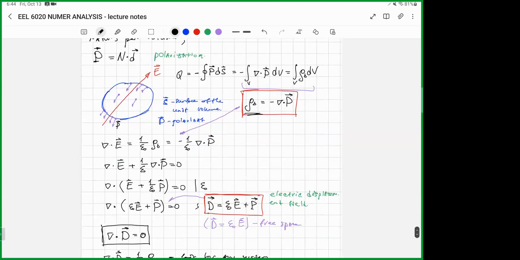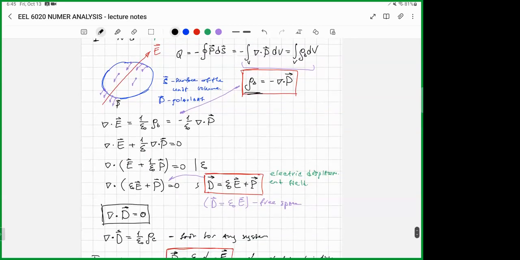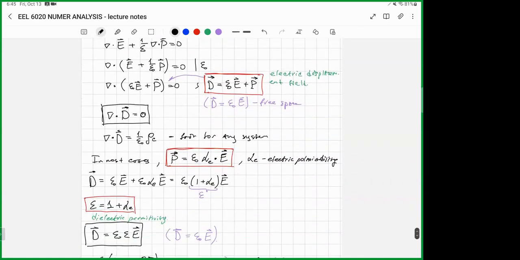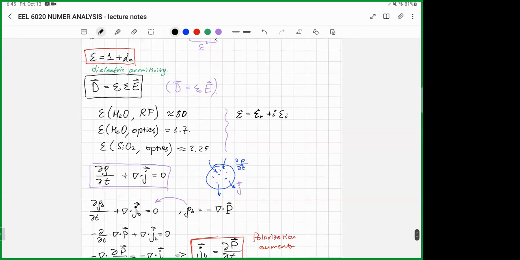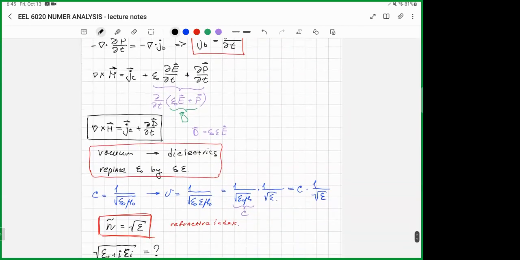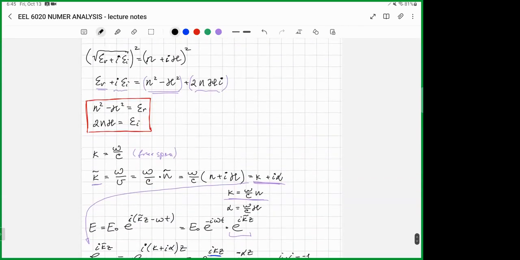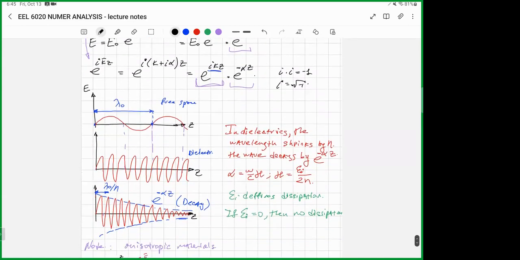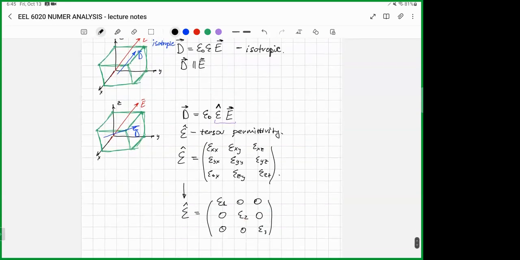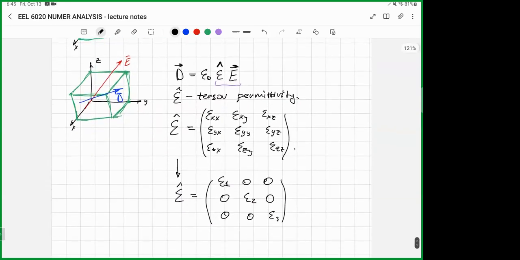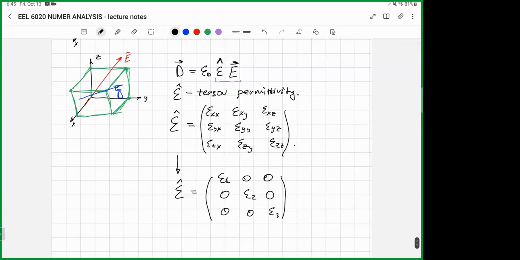The bound charges and their density and the current, and we introduced polarization, we introduced the dielectric permittivity, and when we change the matter from free space to some material, we substitute epsilon 0 by epsilon 0 epsilon.